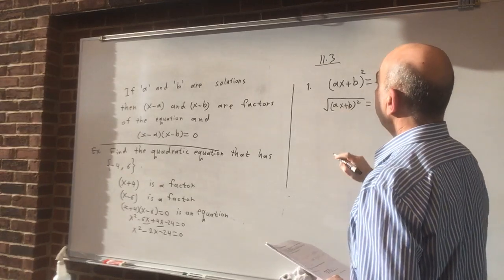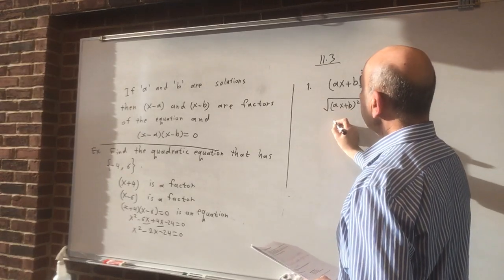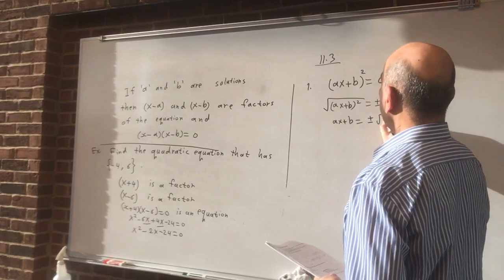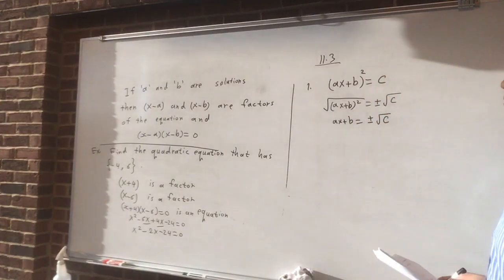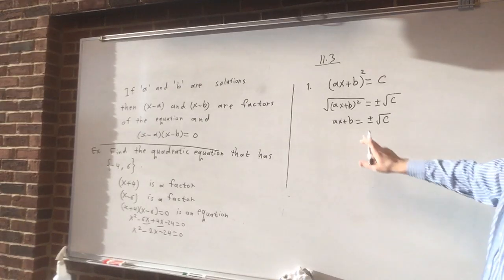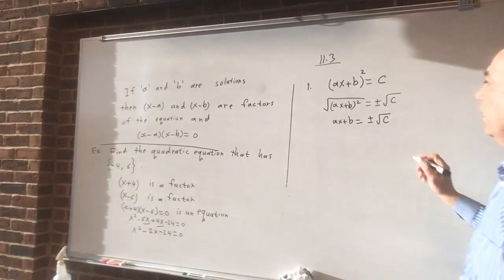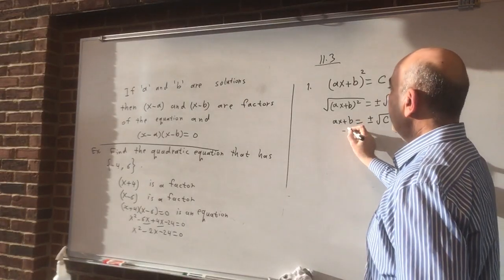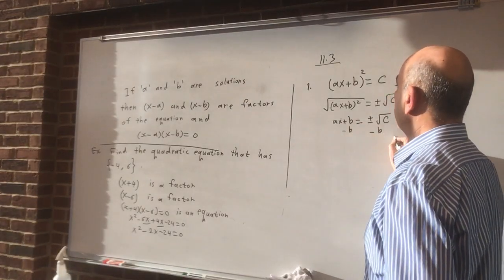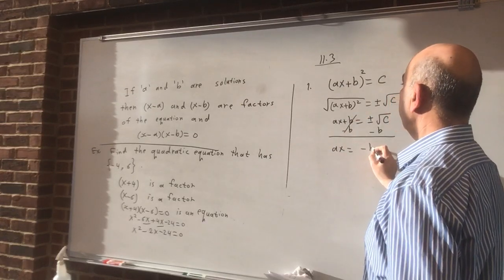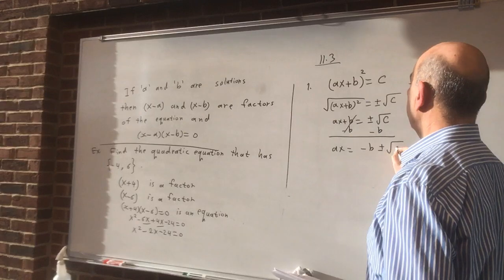So the left hand side is ax plus b. Then subtract b from both sides, then divide by a. So subtract b, and we get ax equal minus b plus minus root c.